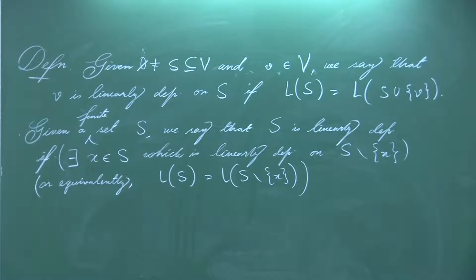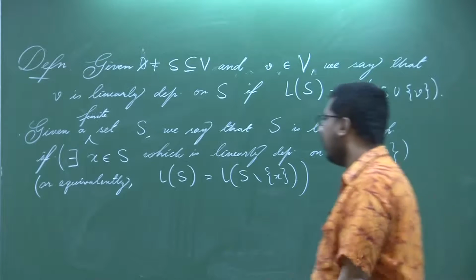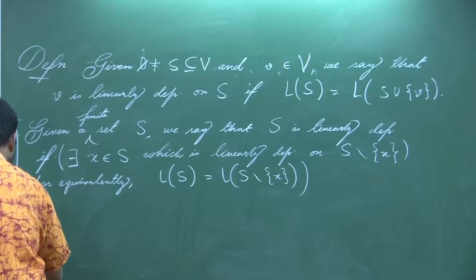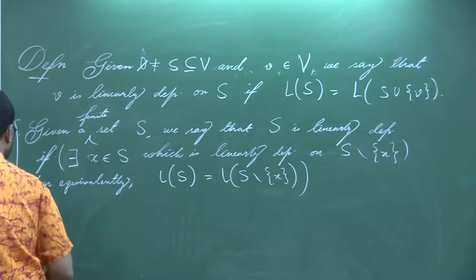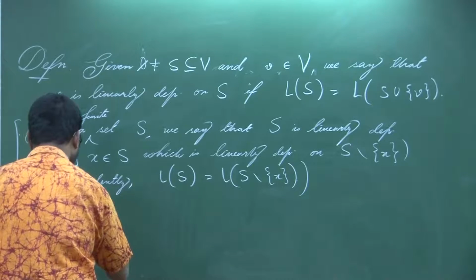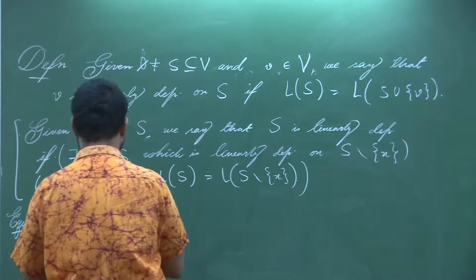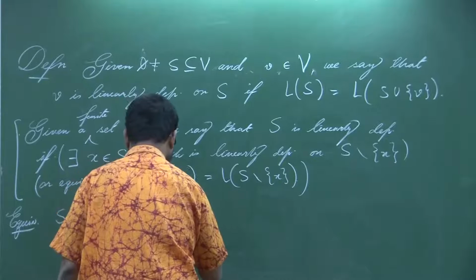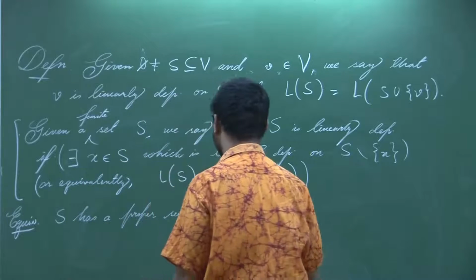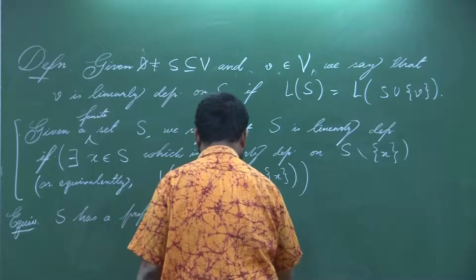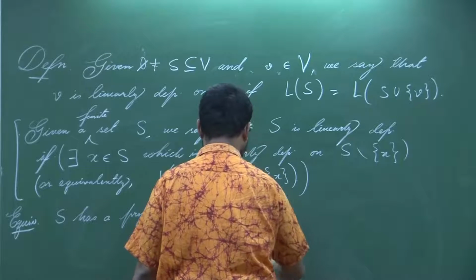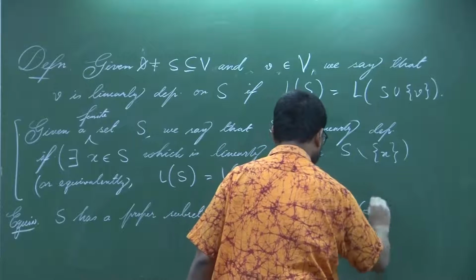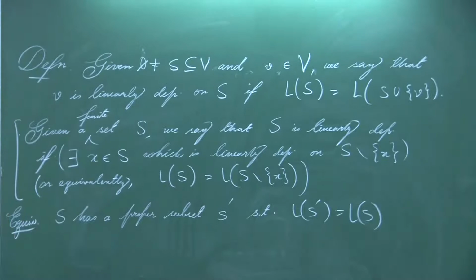We will say S is linearly dependent if there is a point in S, or another equivalent characterization of this definition is if S has a proper subset S prime such that L of S prime is equal to L of S. Why are these two equivalent?